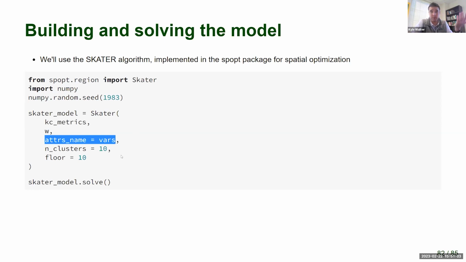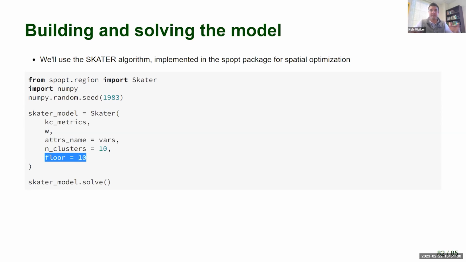We're specifying all the variables that we requested with get_census. n_clusters, this is the number of regions to solve for. So we want 10 geographically and demographically coherent regions. And then floor is the minimum number of census tracts that we can have in a region. So we need each region to have at least 10 census tracts.